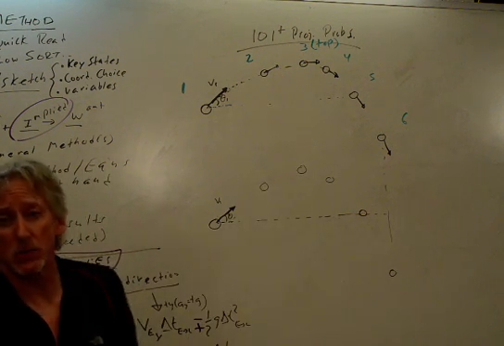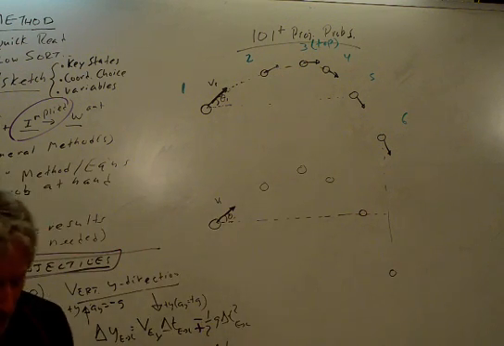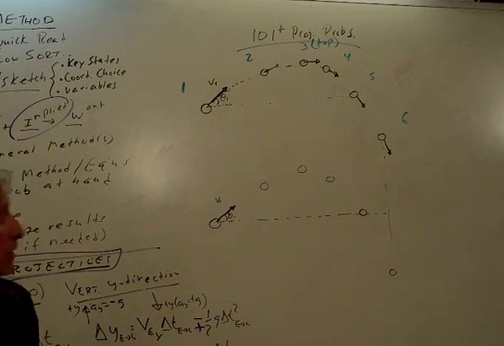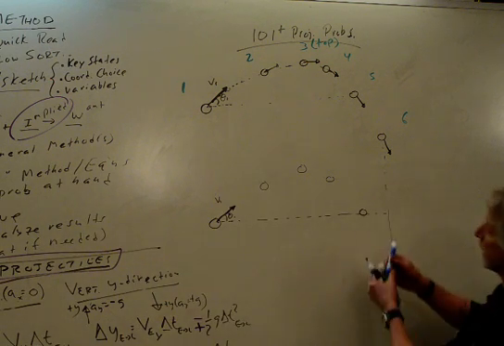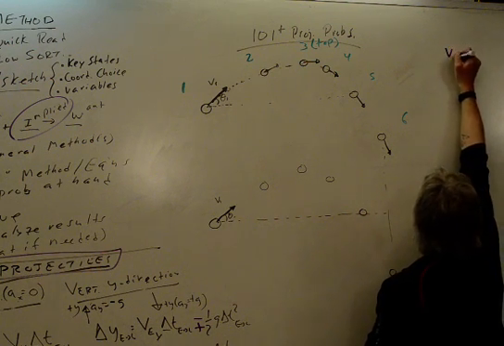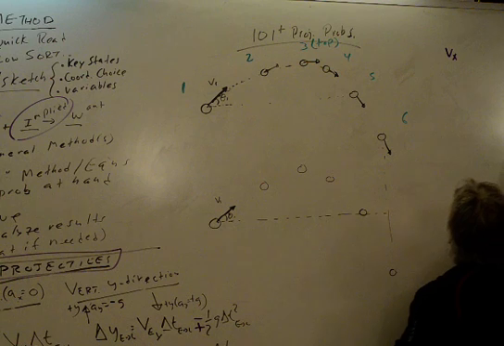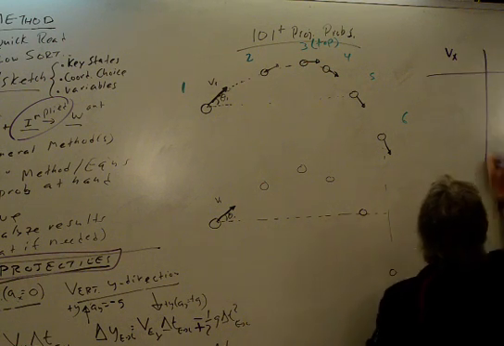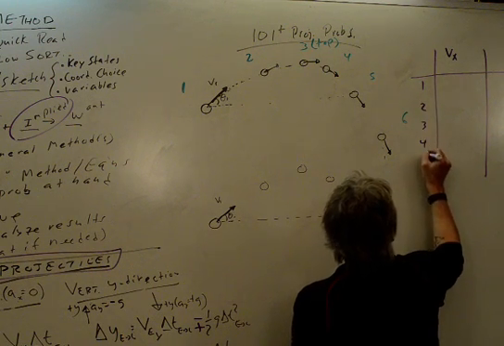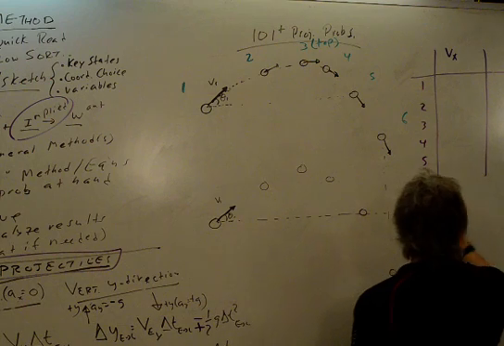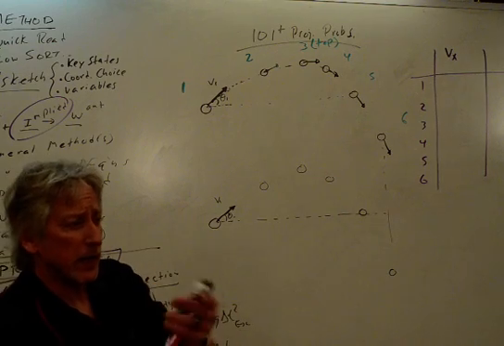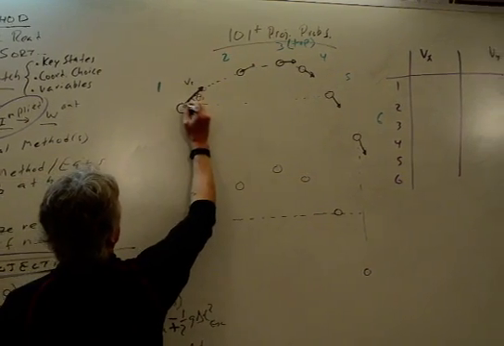Okay, now, so we need to think in terms of components. So, for example, make your list. Let's talk about Vx and Vy at different states. So let me go over here, and let me try to not go too crazy, but I'm going to list Vx and Vy at the different states: 1, 2, 3, 4, 5, 6. What do I have? Let's take a look at that. So you need to be able to see. Let's look at Vx. Vx here.